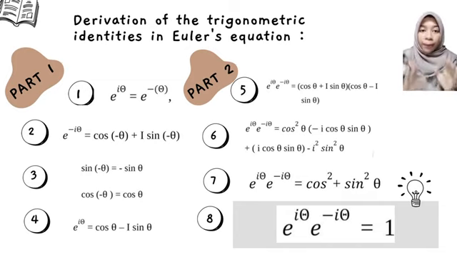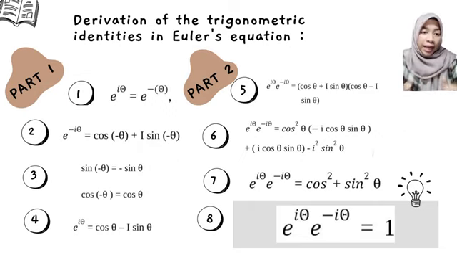Firstly, in part 1, Euler's formula was used to express e power of negative i theta in terms of sine and cosine. In step 4, we get the equation e power of i theta equals cos theta minus i sin theta.